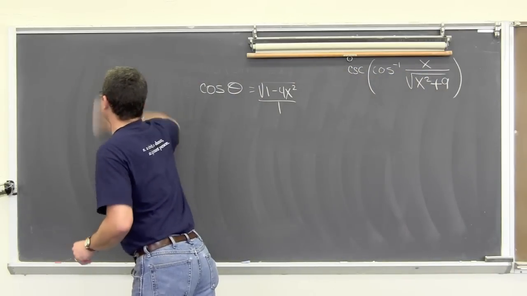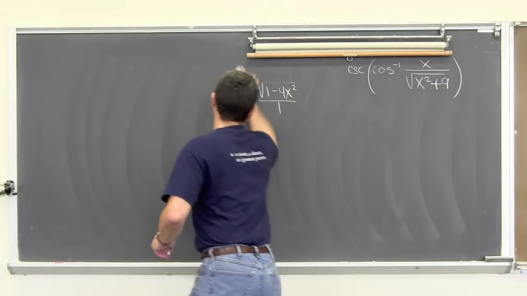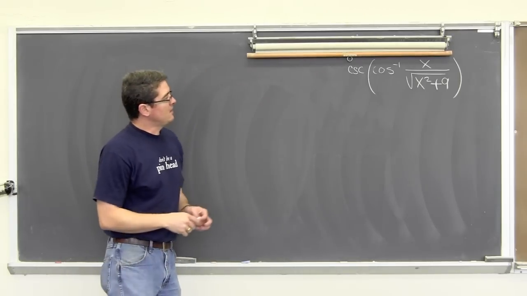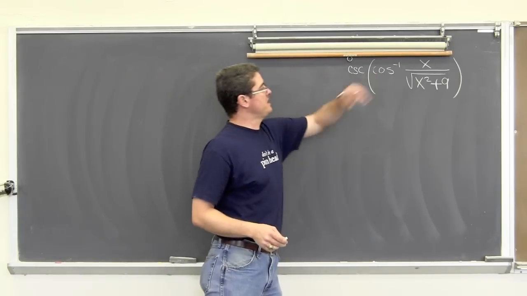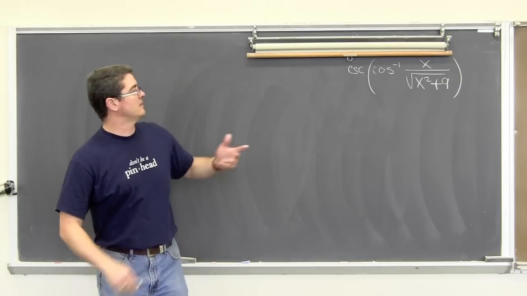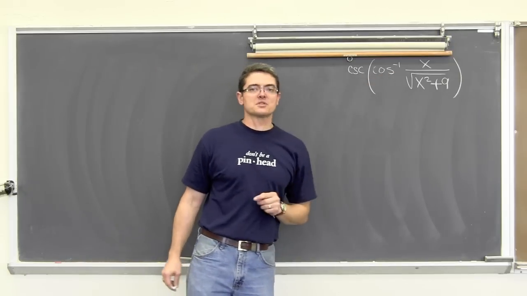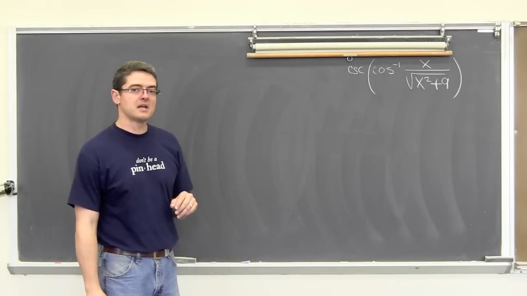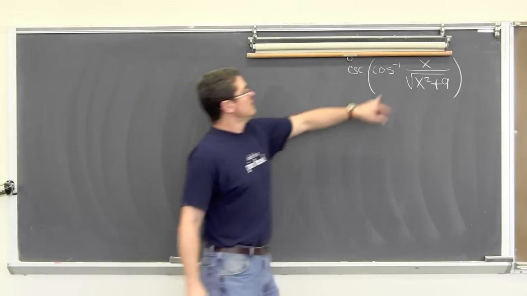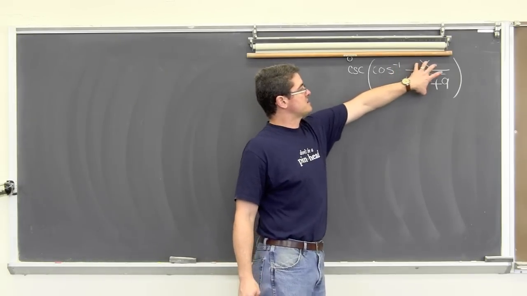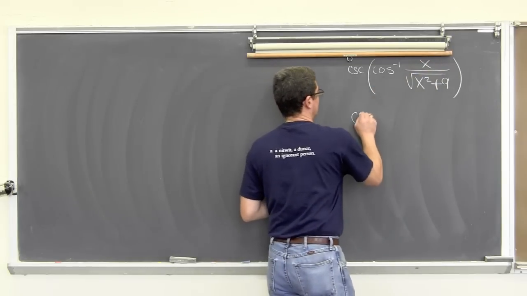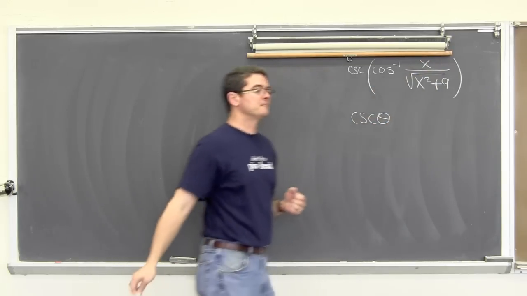For our last example, we have the cosecant of the inverse cosine of x over the square root of x squared plus 9. So again, if this is an inverse trig function, this must be the sides of a triangle, and we're going to get out an angle measurement.